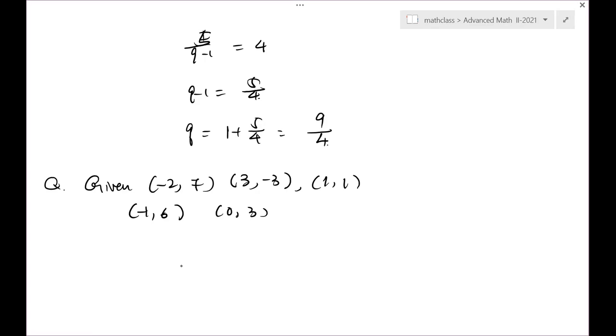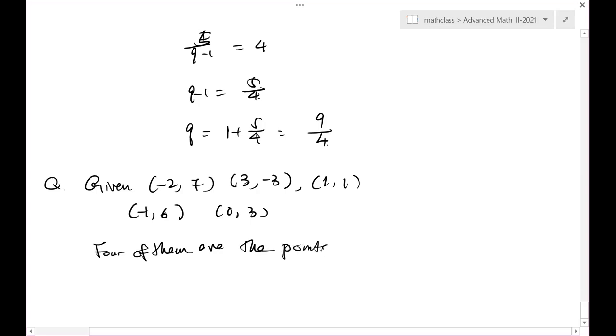We are given 5 points here. 4 of them are points of one line, and the fifth one is not.